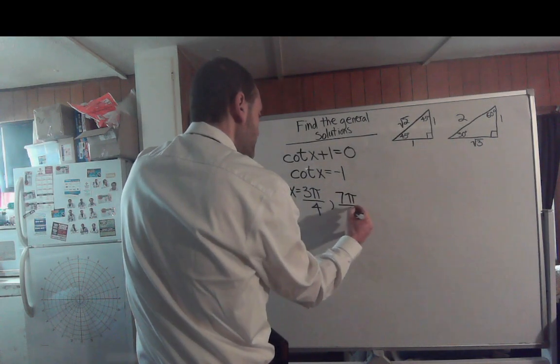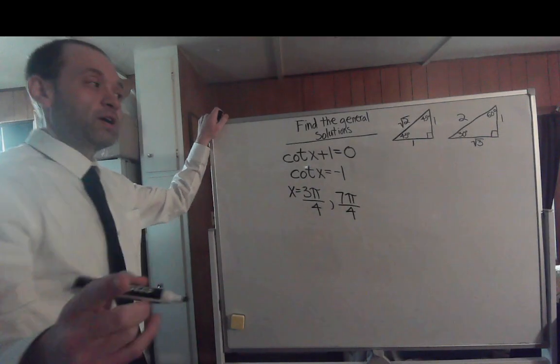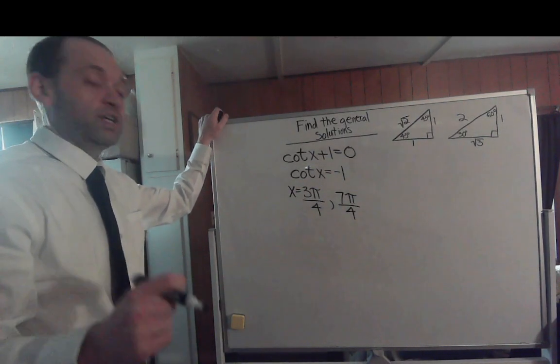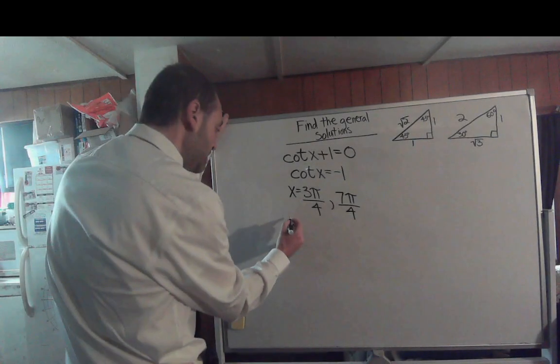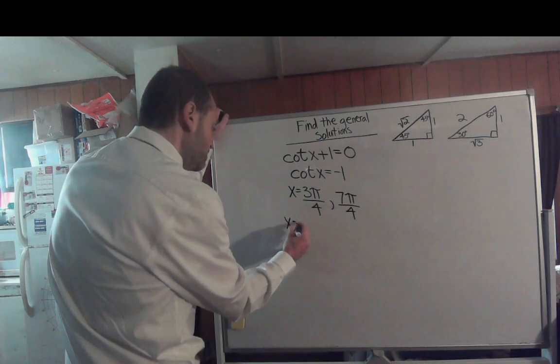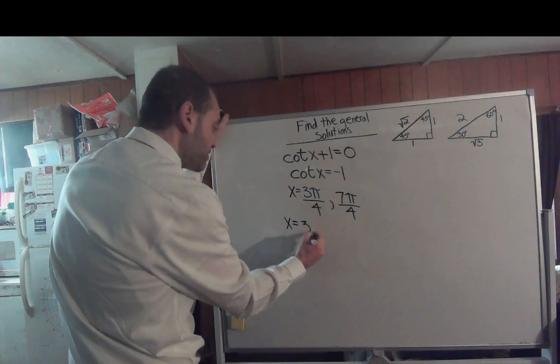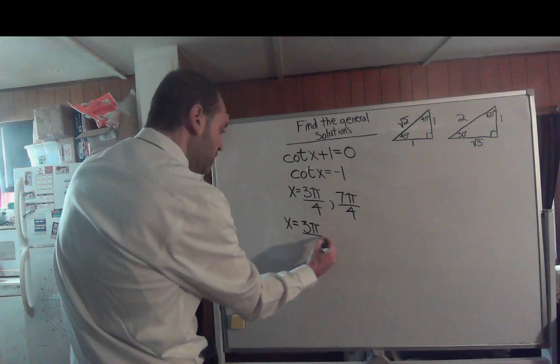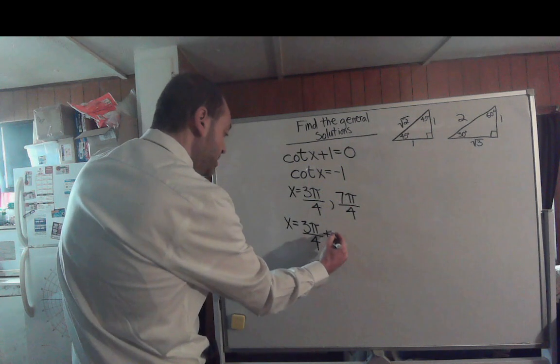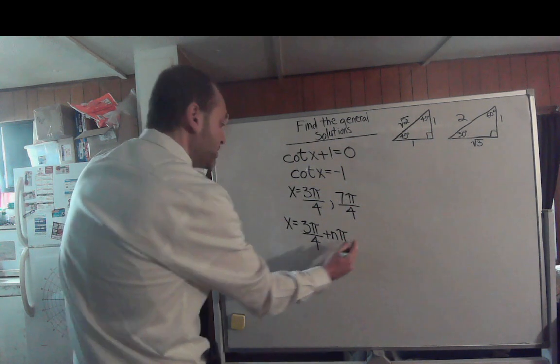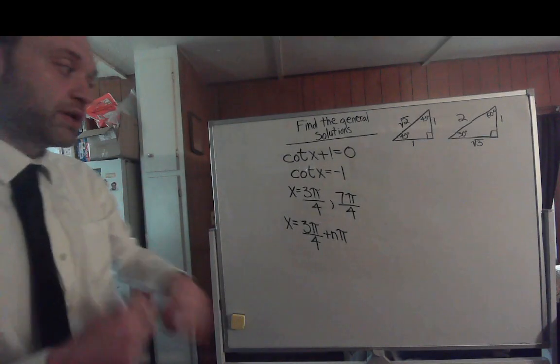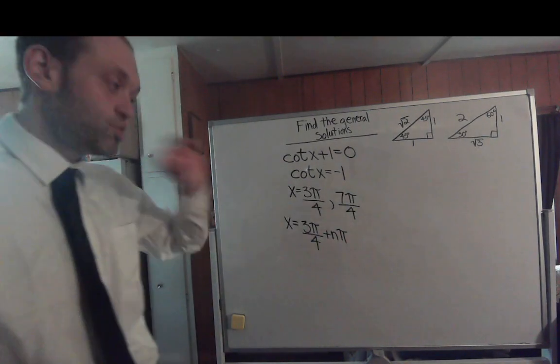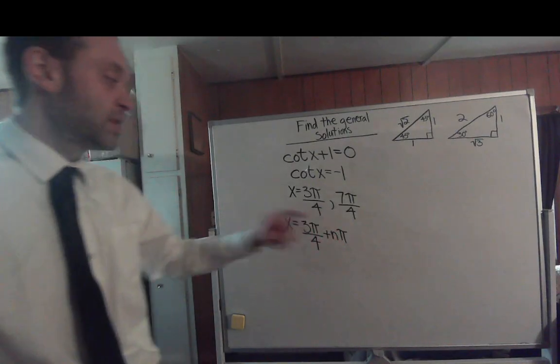But what is the period of the cotangent function? It's just pi. So you could write this as x equals 3 pi over 4 plus n pi, because the period of the cotangent function is only 1 pi, so it would just be integer multiples of pi.